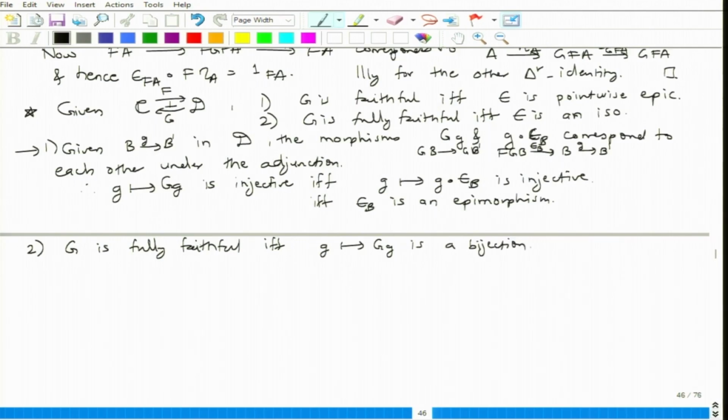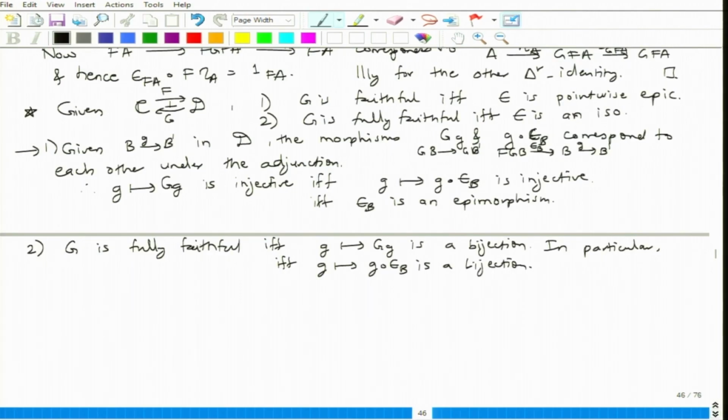Okay, so in particular, if and only if G mapping to G composed with epsilon B is a bijection, right? So that much is clear.